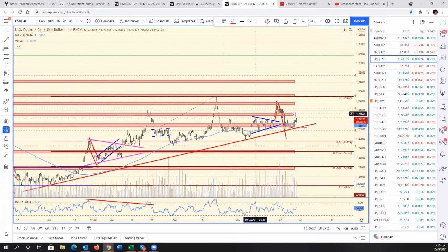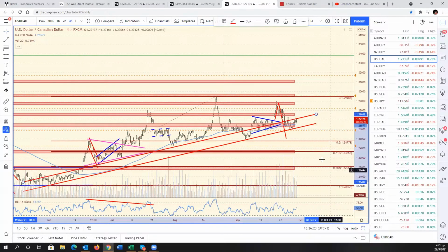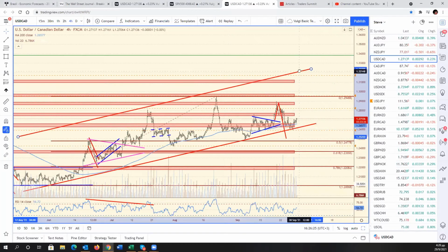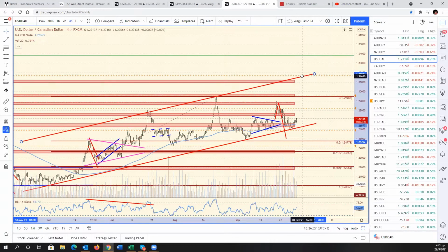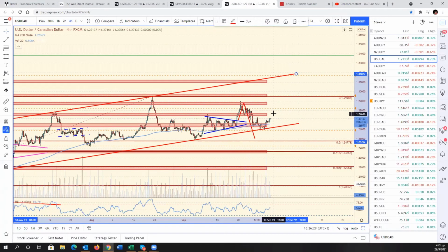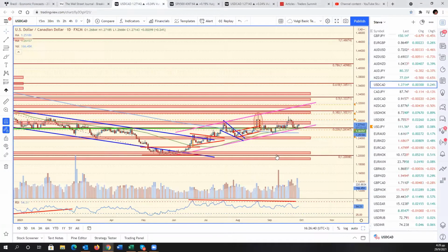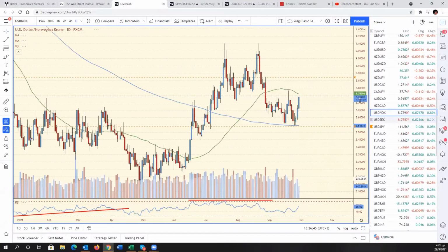Okay. And next resistance being at 127.50. Leaving it to range also. Let's switch to the USD NOK.